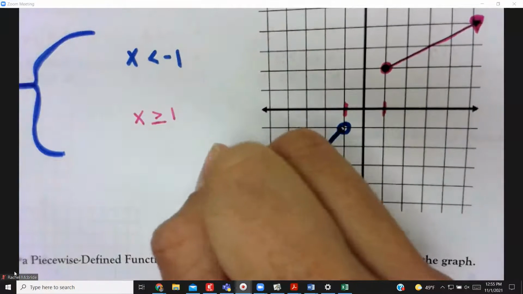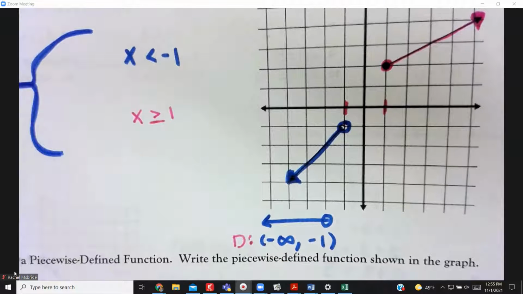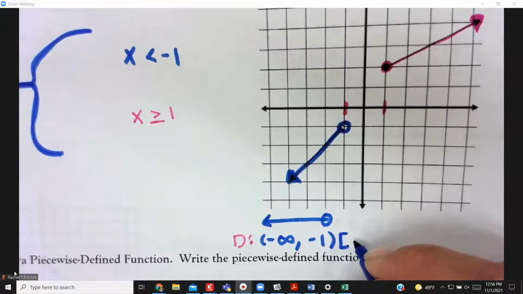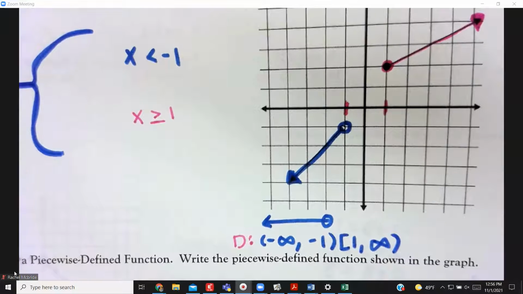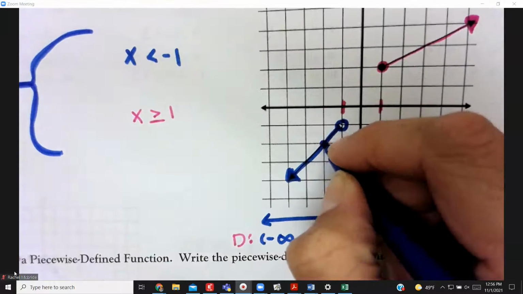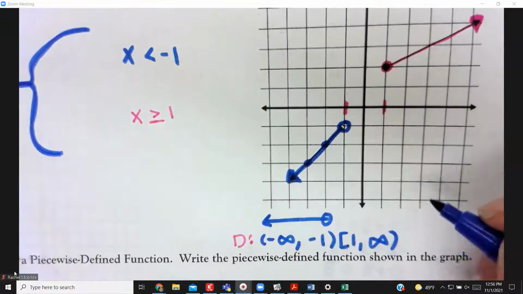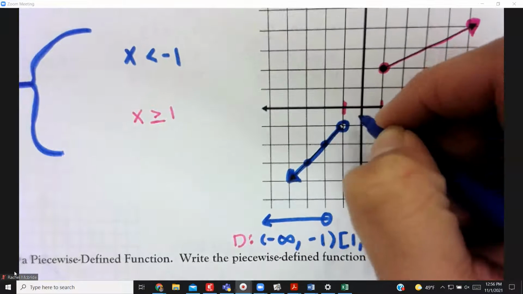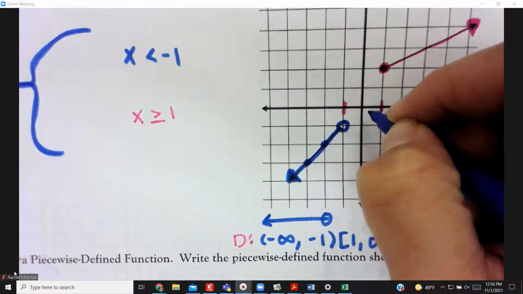So that means the domain of this graph is -infinity to -1, not including -1, and 1 to infinity. The slope of the blue graph is up 1, right 1, up 1, right 1. It appears that it would go through 0, so that would be my y-intercept.